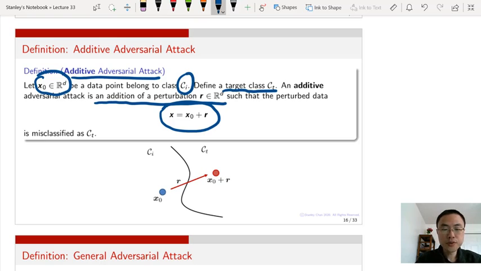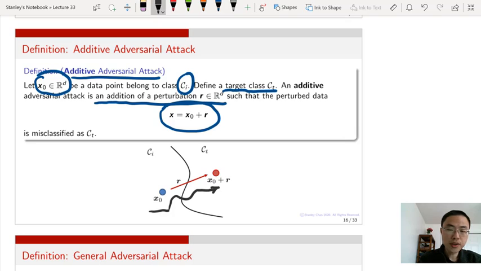When you have this x0 plus r, what happens to the geometry is the following. You will have a data point x0 here. This is your input data point. You are going to move along this trajectory with a perturbation vector of r, and then you go to x0 plus r.